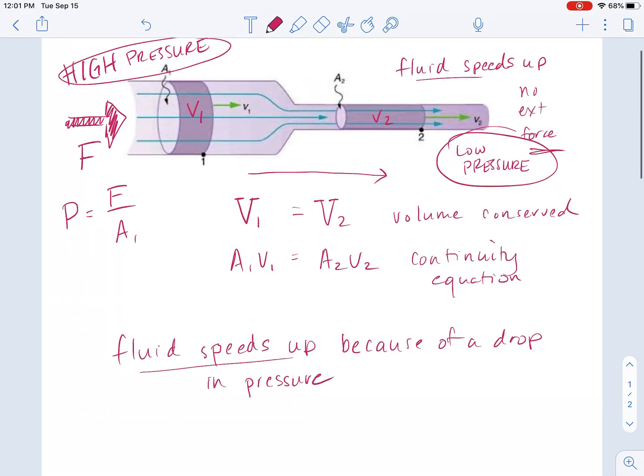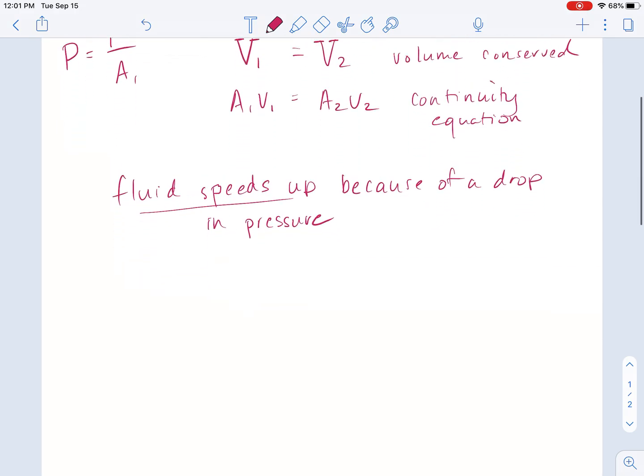Now, often what we will see is we'll start to associate and see some patterns. When we have slower or lower speed, we're going to have higher pressure.